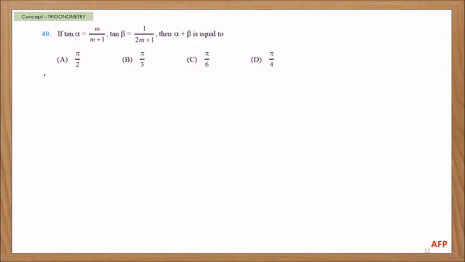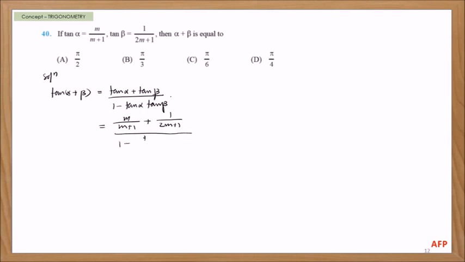Next, a very simple and simplified answer. This kind of problem we have done already. So tan of alpha plus beta is equal to tan alpha plus tan beta divided by 1 minus tan alpha tan beta. Tan alpha is m divided by m plus 1, plus 1 divided by 2m plus 1, whole divided by 1 minus m divided by m plus 1 into 1 divided by 2m plus 1. If I take the LCM, the numerator's LCM and denominator's LCM are the same, so we will multiply this term here.